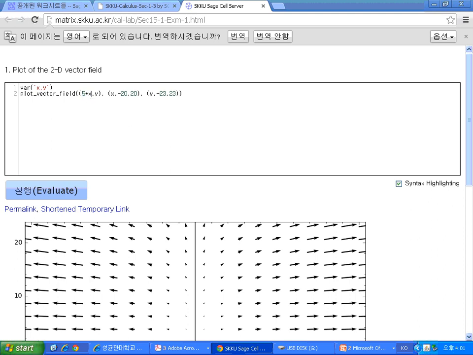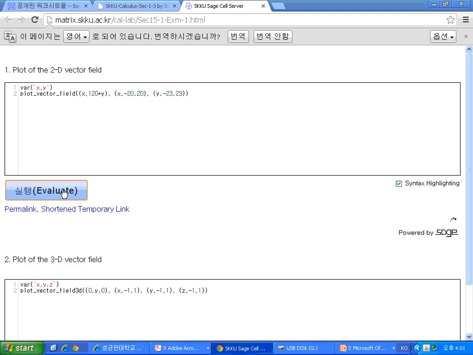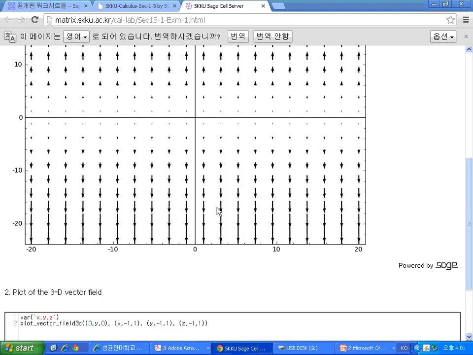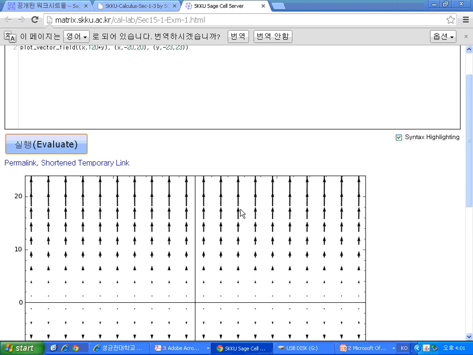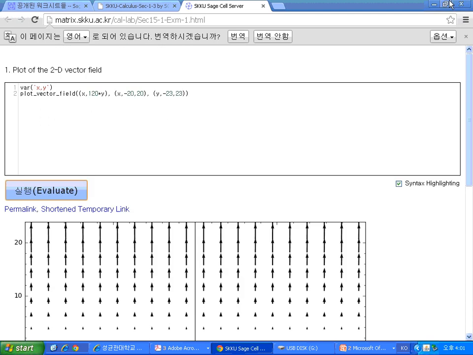If you change it to 120 here, then we will have a totally different vector field like this. When x goes to 1, then y goes to 120.